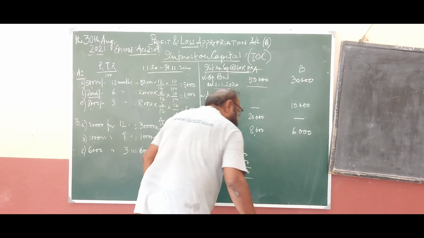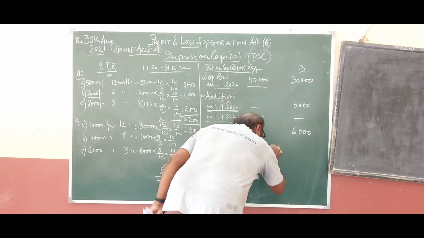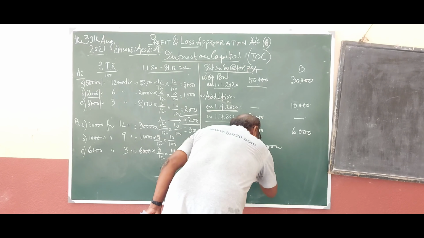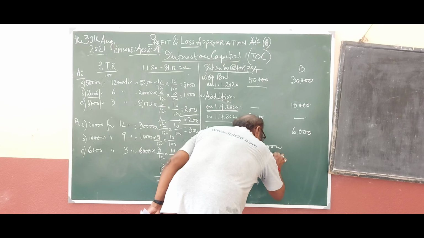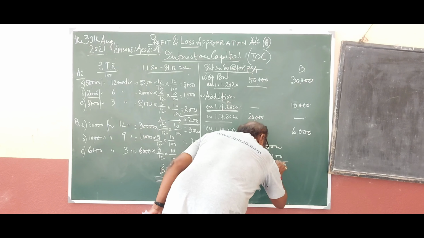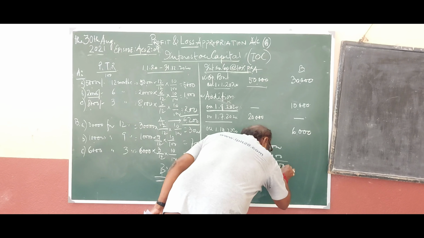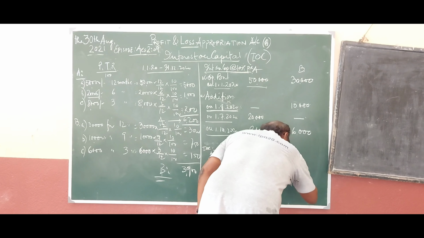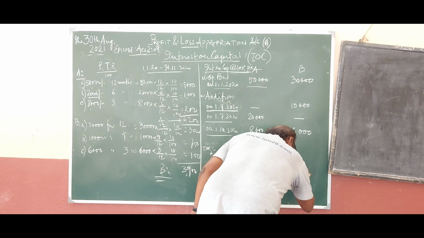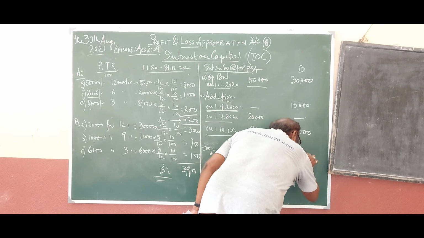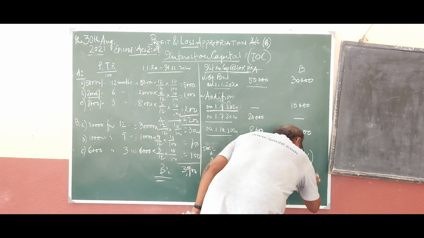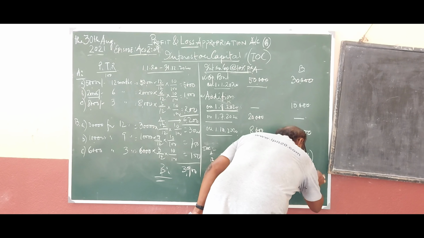The total profit is 1 lakh. Out of that, IOC 10,100 will be deducted. So 89,900 will be distributed as share of profit between A and B. A will be getting 3/5 of this amount and B will be getting 2/5 of this amount.